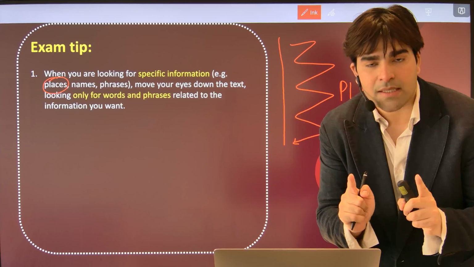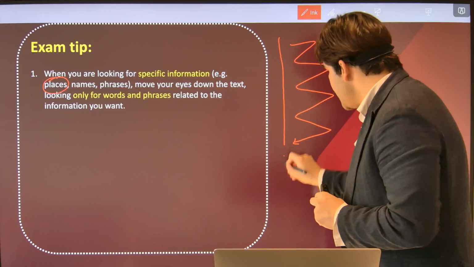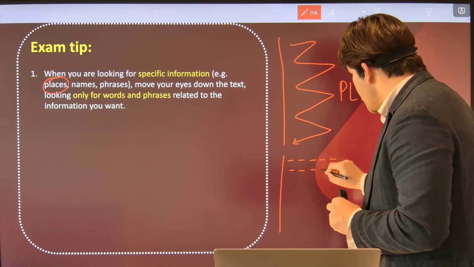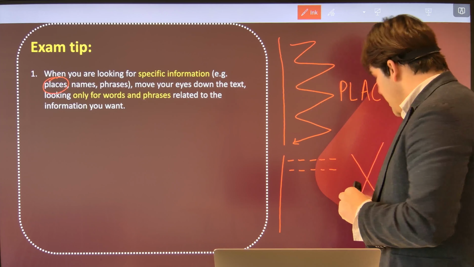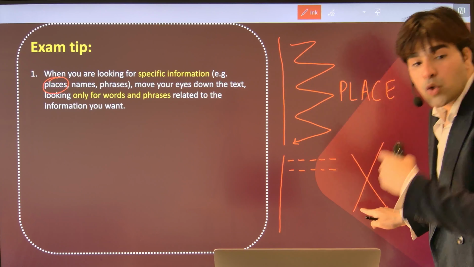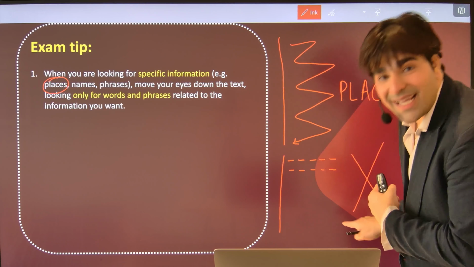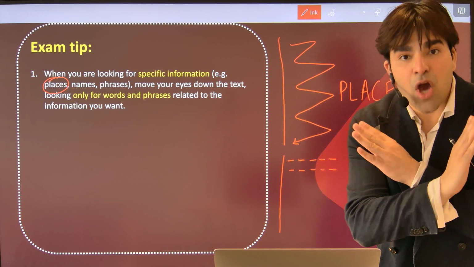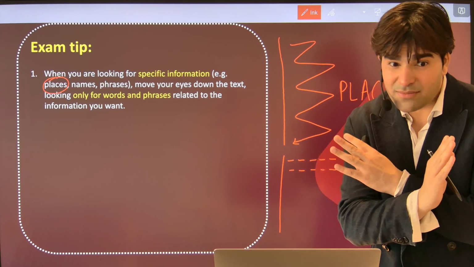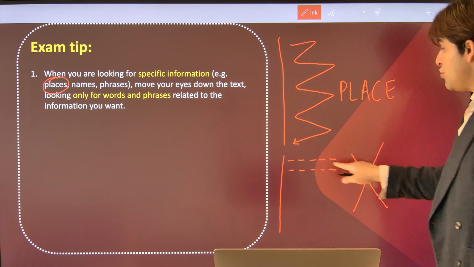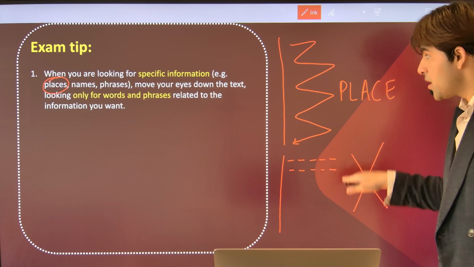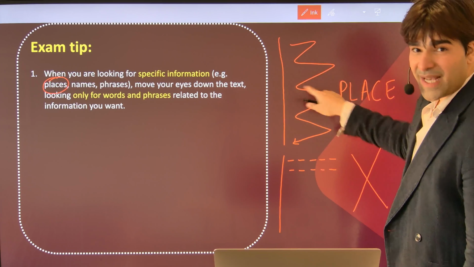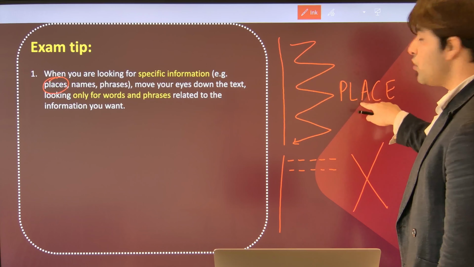Always do this. Do not read it line by line, word by word. We do not do it. No, you do not do that. Remember that, please. Very important. You do not read word for word. Just quickly hover your eyes, moving from one part of the passage to the other, looking for the name of a place.